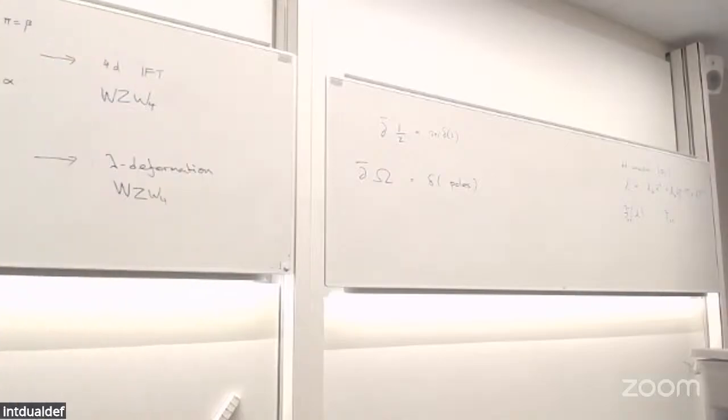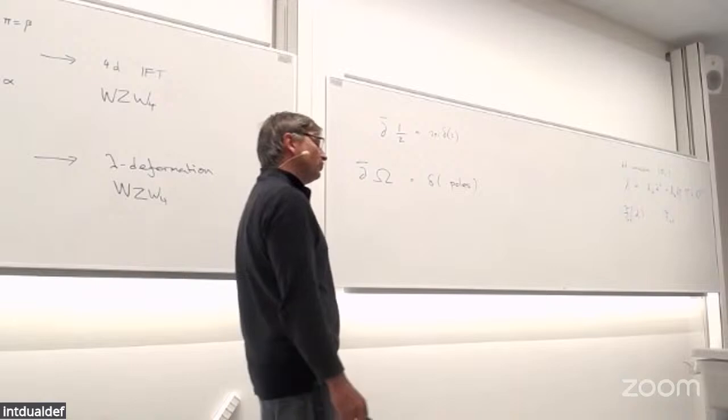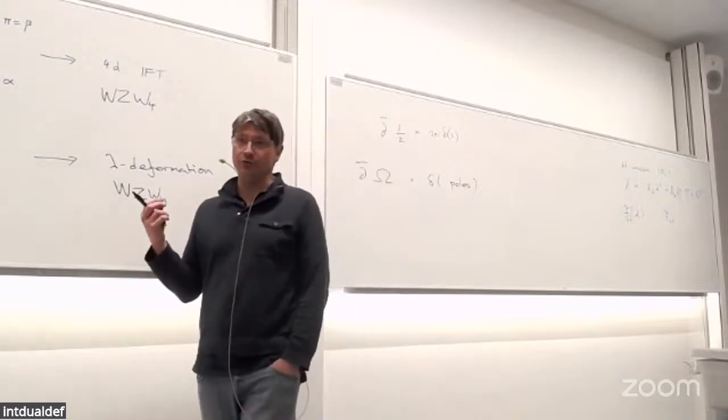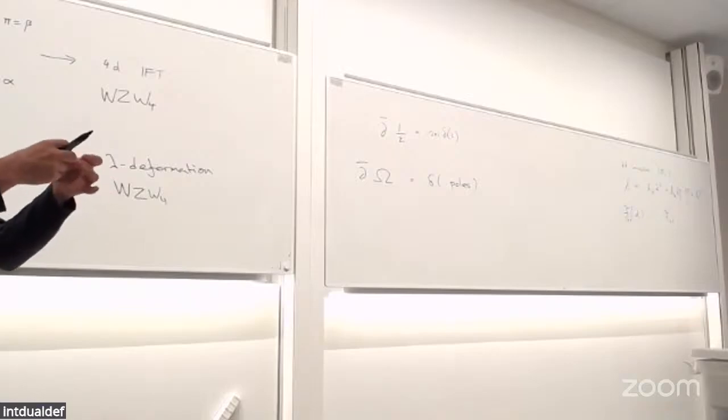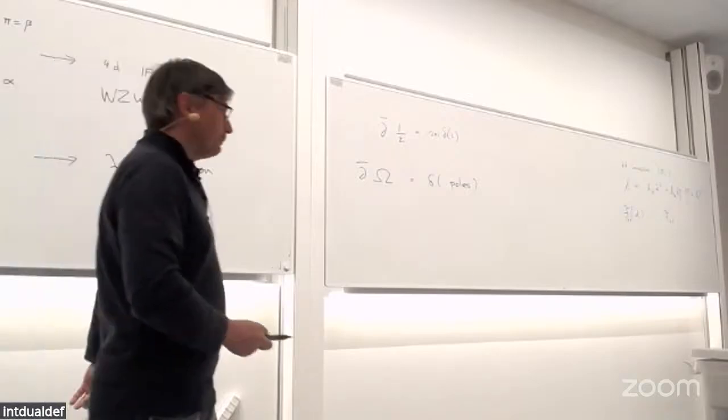Okay. So it's almost as if this Chern-Simons theory has boundaries. You could imagine cutting out the poles and imposing boundary conditions instead, right?